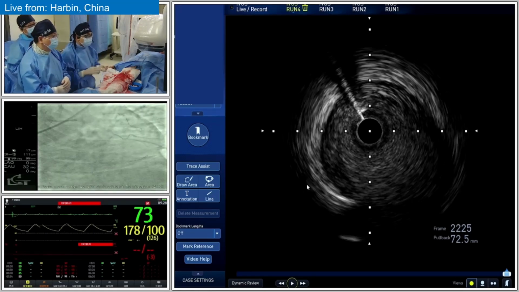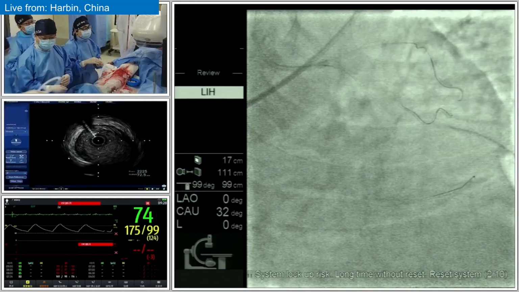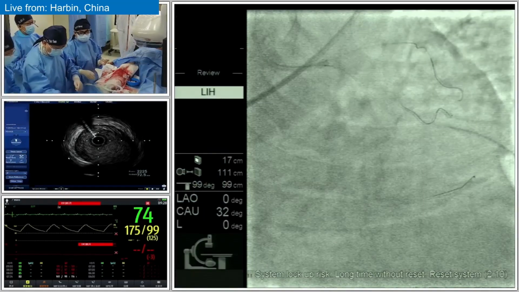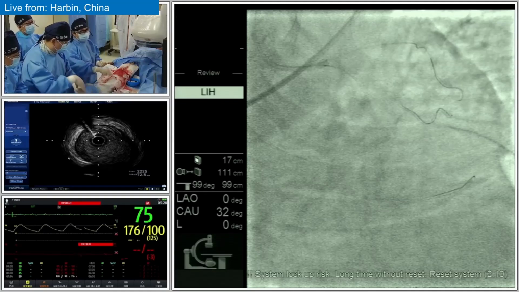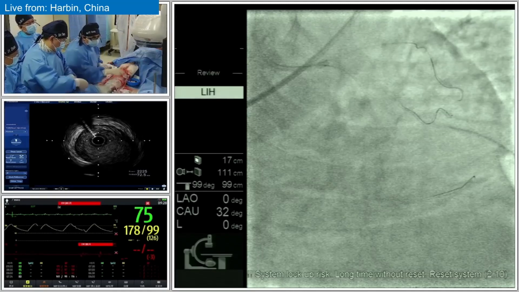So in terms of the pre-treatment of this lesion, do you think there's a difference between the cutting balloon and the scoring balloon? Is a scoring balloon also okay for this lesion? Yes.